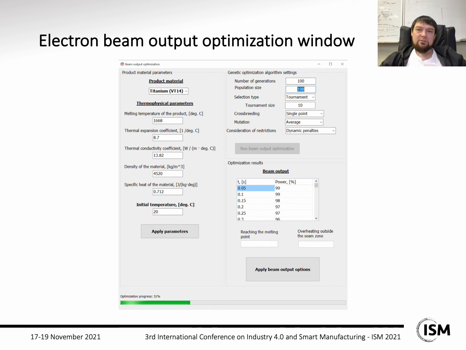The system substitutes already known values from the database, but it is possible to set them manually. A genetic algorithm is used to optimize the output of the electron beam. Its configuration is also available in the manual mode, so you can set the following parameters: number of generations, population size, selection type, crossbreeding, mutation, consideration of restrictions. Optimization results are displayed in the form of a table.